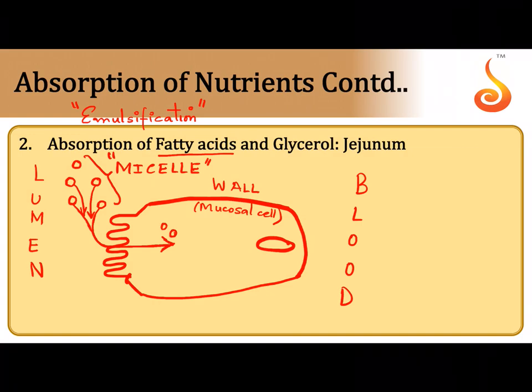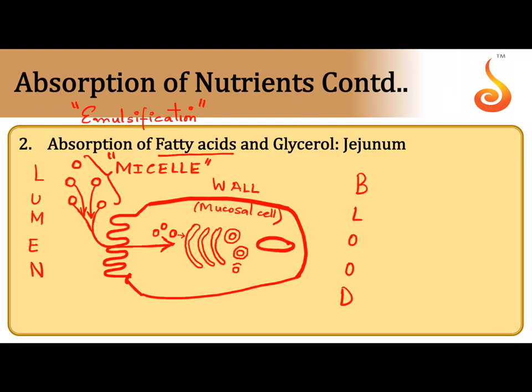Now once they enter into the cell, these tiny micelles are taken up by the endoplasmic reticulum, and in the endoplasmic reticulum and the Golgi complex specifically, they get packaged into droplets which are covered by a protein on the outside.